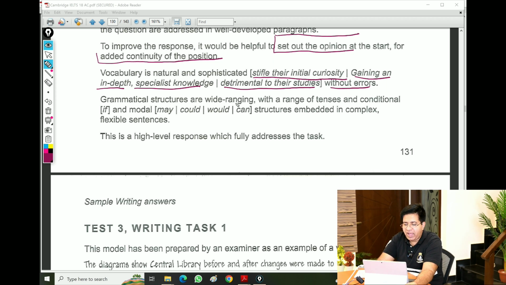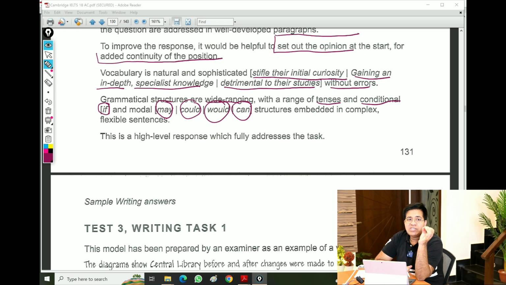Grammatical structures are wide-ranging, yes, no doubt about it, with a range of tenses and conditional if. So it means you need to use conditional sentences and modals, may, could, would, can. So if you use modal verbs, you can improve your band score.